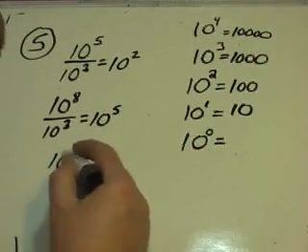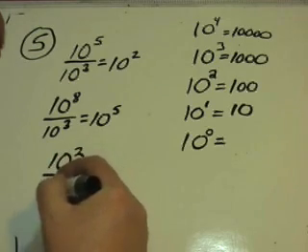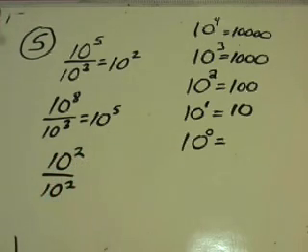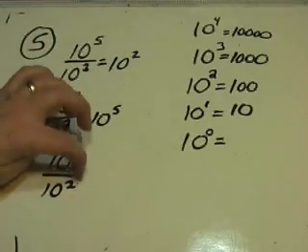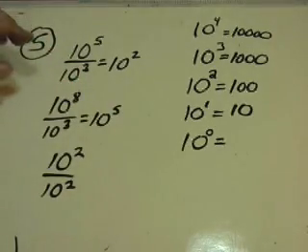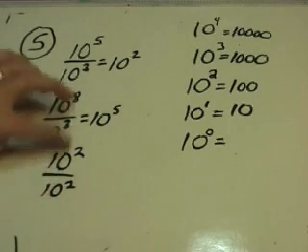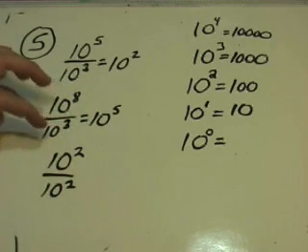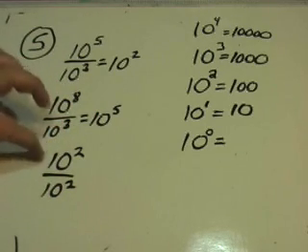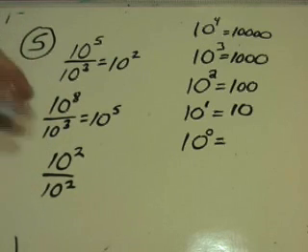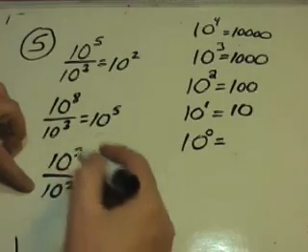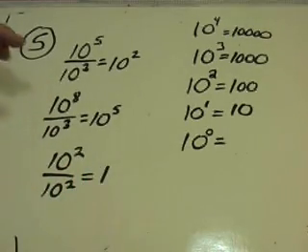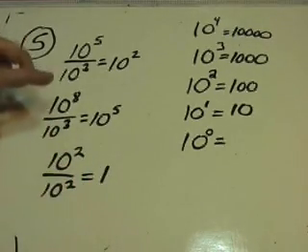Well, what if you did, say, 10 to the 2 divided by 10 to the 2? If you use the rule, 2 minus 2 would give you a 0. On the other hand, this is just two numbers divided. We can figure what this is. In fact, this is just 100 over 100. In fact, it's just 1. I mean, 100 pies divided by 100 people is 1 pie per person. So, no question, this has definitely got to be a 1.